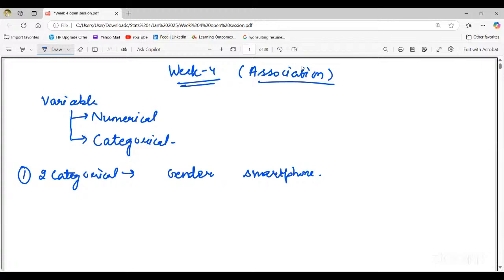When we calculate the association between two categorical variables, we first make a two-way contingency table. This is our first step.